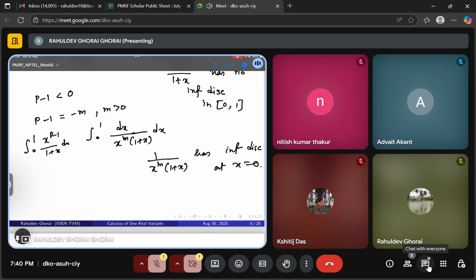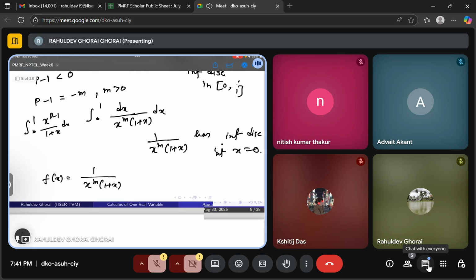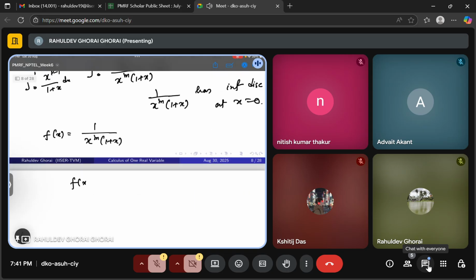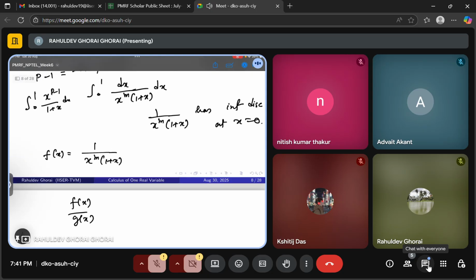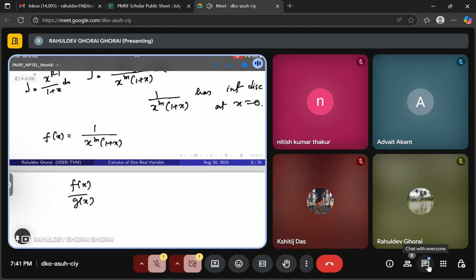So now you have to take a function. So this is the function f(x). Let's say f(x) is equal to 1 over x to the m times 1 plus x, and you need to find a function g(x) such that f(x) over g(x)... It has a problem only at x equal to 0, at x equal to 1 it has no problem.